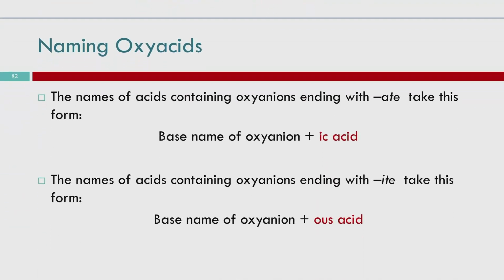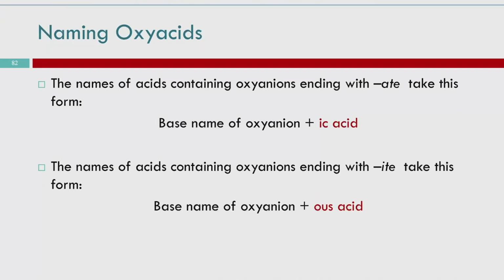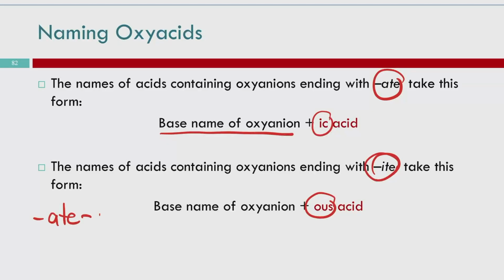So for naming oxyacids, we've got 2 possible rules, and it's based only on the ending of our oxyanion. We're going to take the base name of our oxyanion. If it ends in ate, it turns into ic. If it ends in ite, it turns into ous. So ate turns into ic.